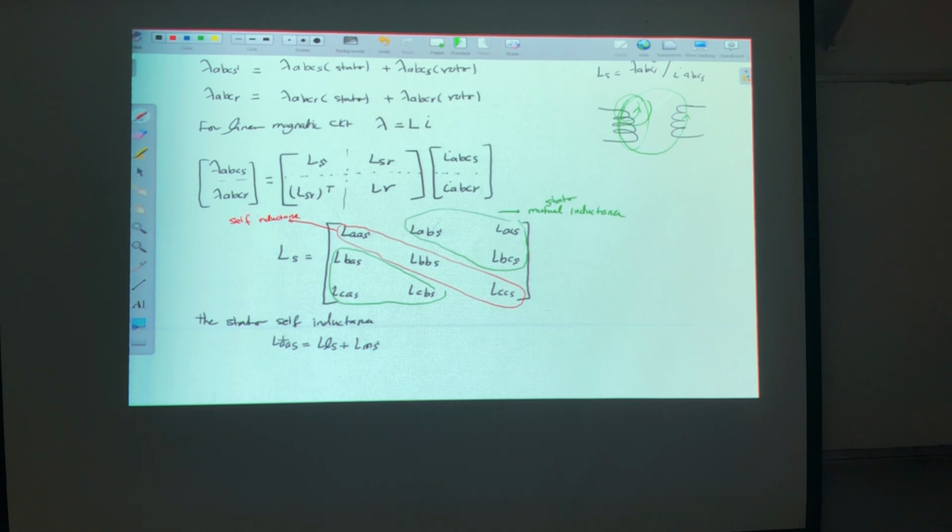The same thing here: LBBS will equal LLS plus LMS, and finally LCCS will equal LLS plus LMS, where LLS is the leakage inductance and LMS is the magnetizing inductance.